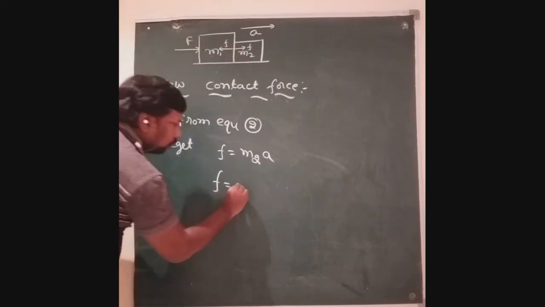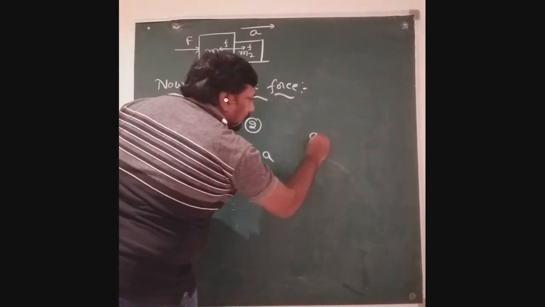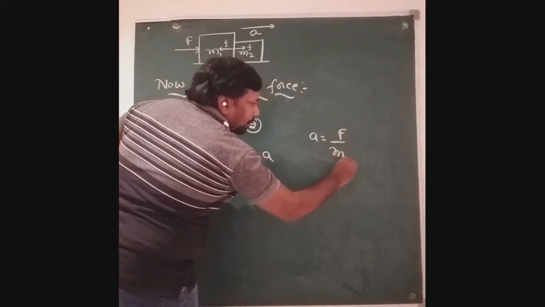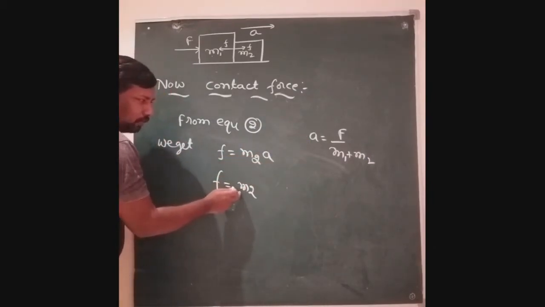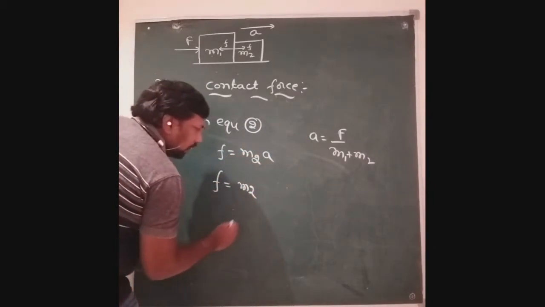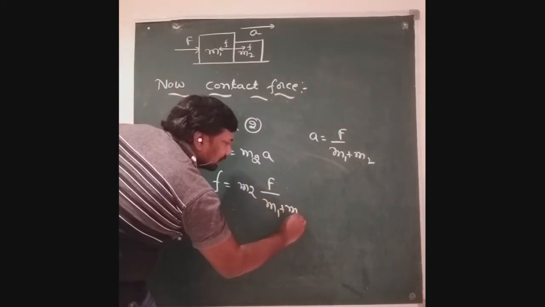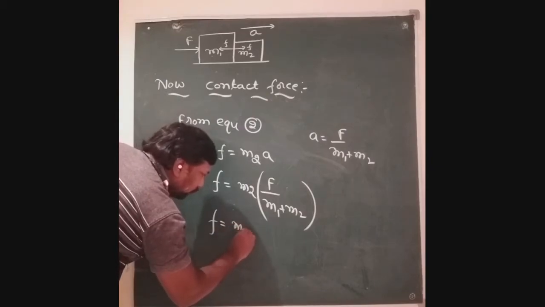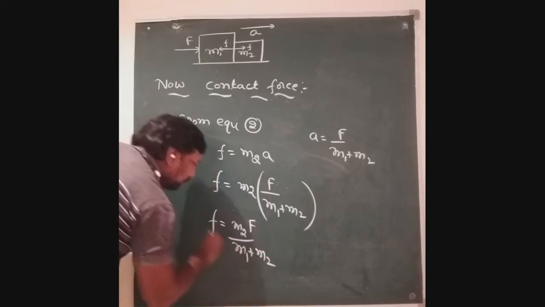Small f equals m2 into a, and you know that the acceleration of this system equals F by m1 plus m2. Now substituting this value in m2a, m2 into F by m1 plus m2. Therefore contact force f equals m2F by m1 plus m2.